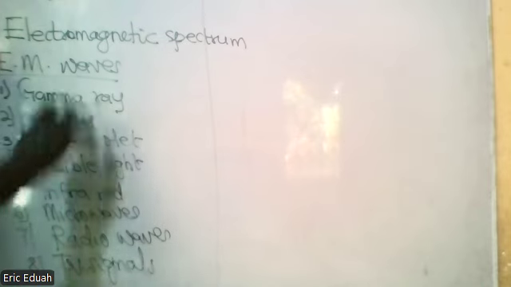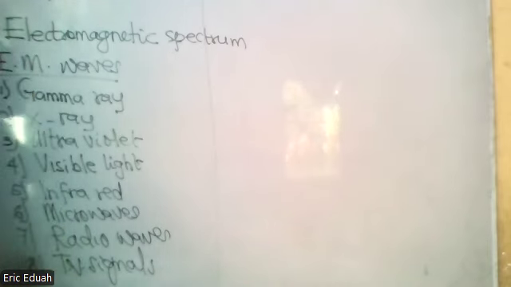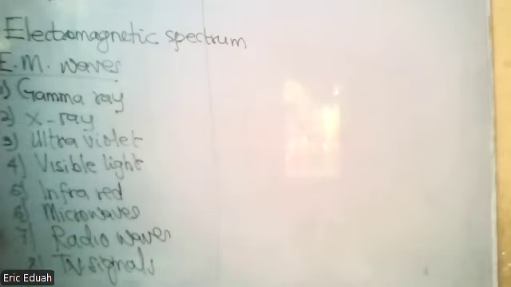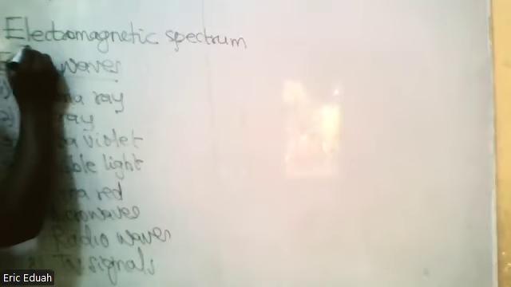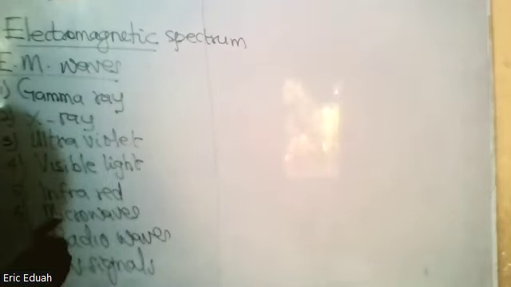So all these waves do not require a medium, and the reason for which we classify them as electromagnetic waves is that they are actually produced as a result of electric field and magnetic field. That is the reason we describe them as electromagnetic. Their nature is basically of electric field and then magnetic field.